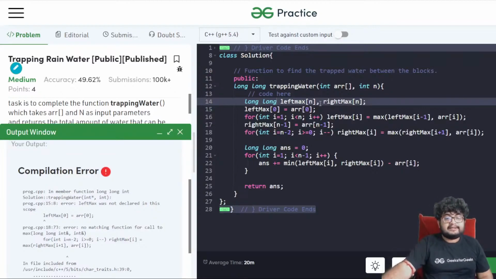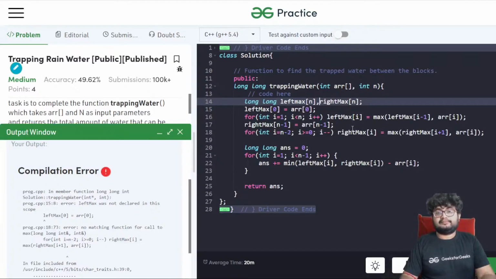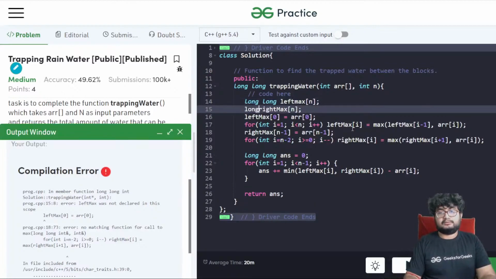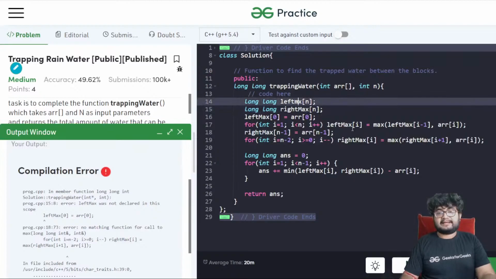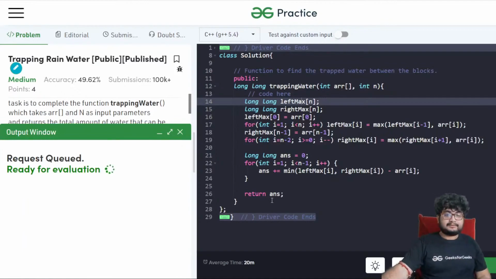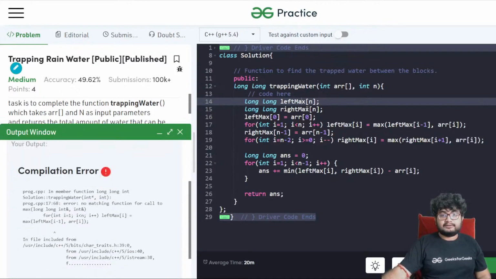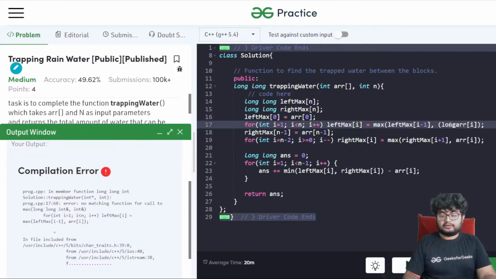Left max was not declared in this scope. Left max. We'll typecast this.